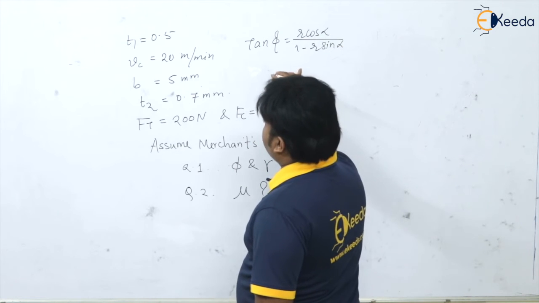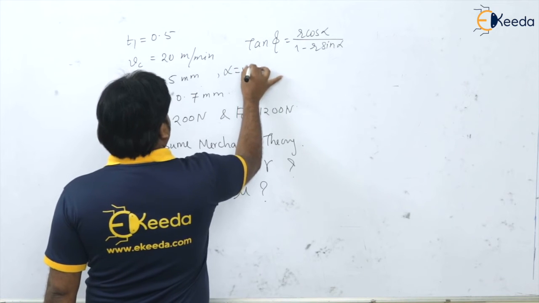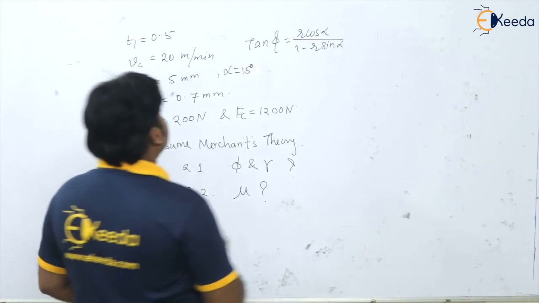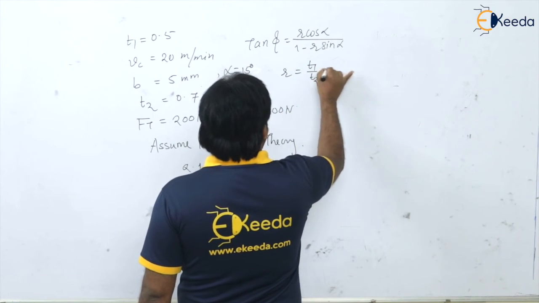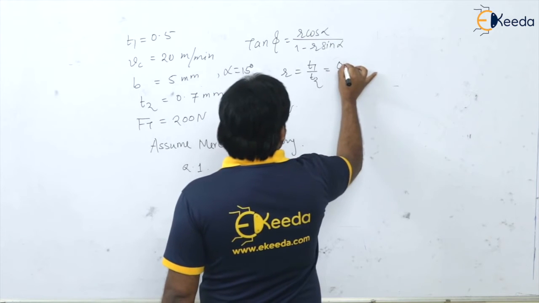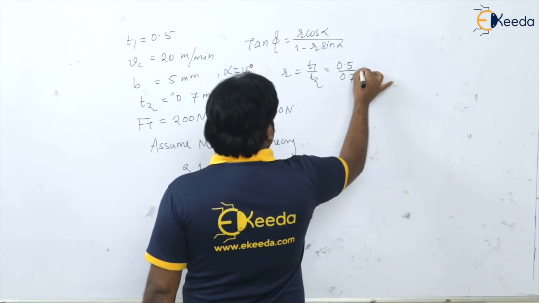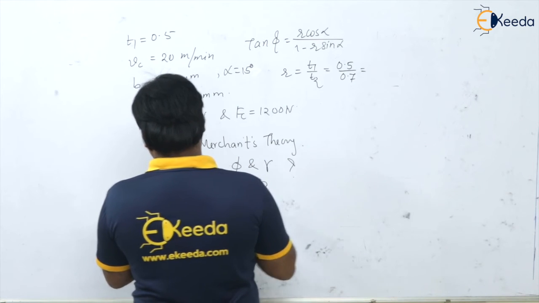Take alpha here as 15 degrees, and solve the question. So r will be t1 divided by t2, which is 0.5 divided by 0.7.